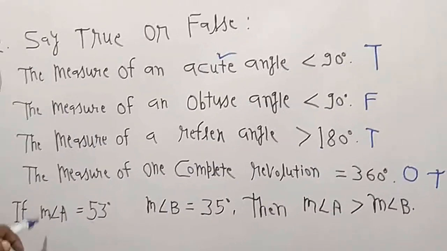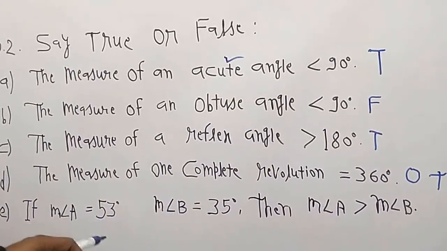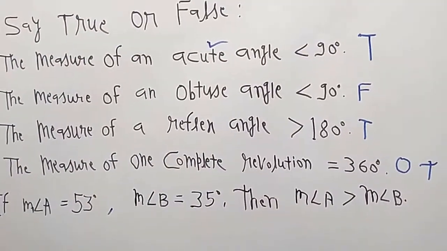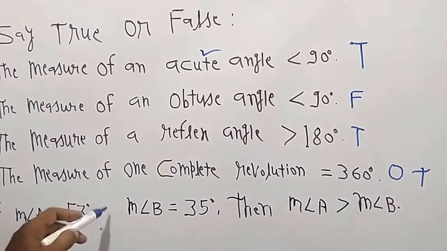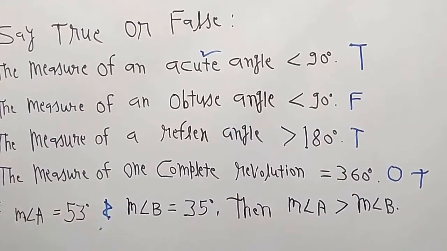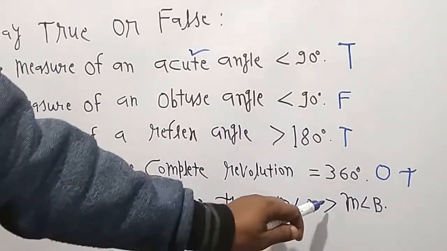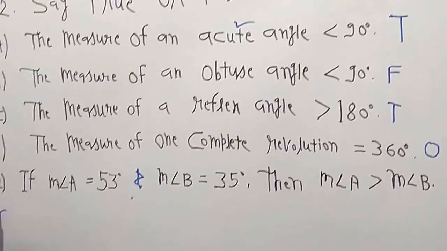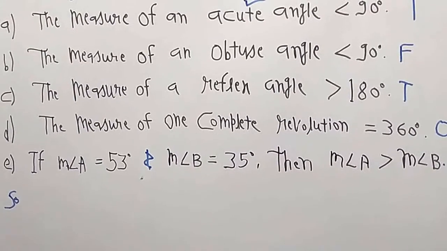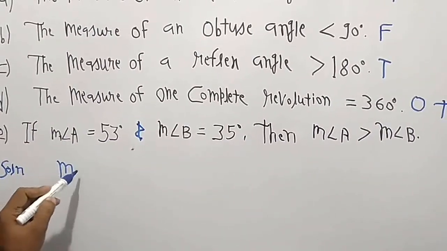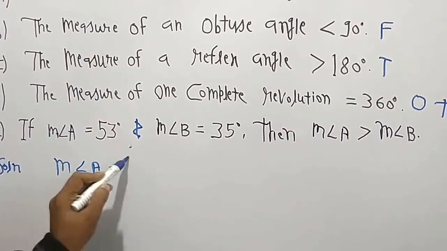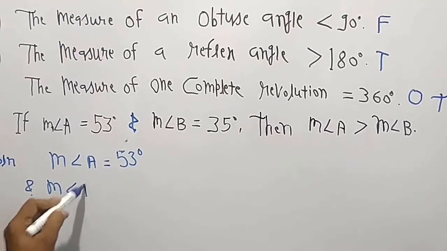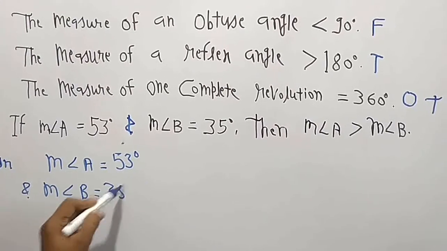Now if measurement of angle A is equal to 53 degree and measurement of angle B is equal to 35 degree, then measurement of angle A is greater than measurement of angle B. In solution we write measurement of angle A equal to 53 degree and measurement of angle B equal to 35 degree.